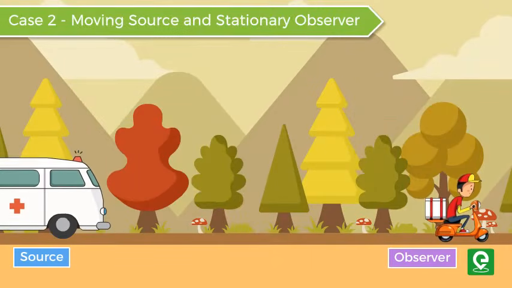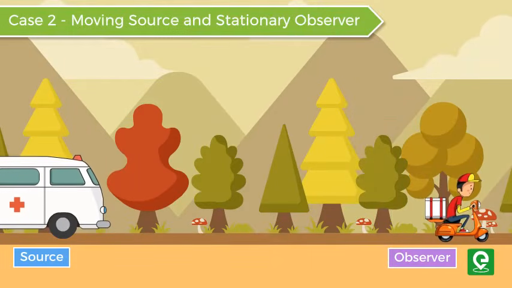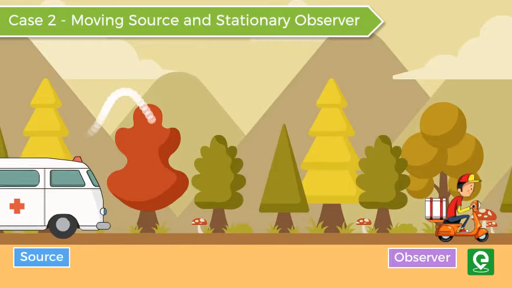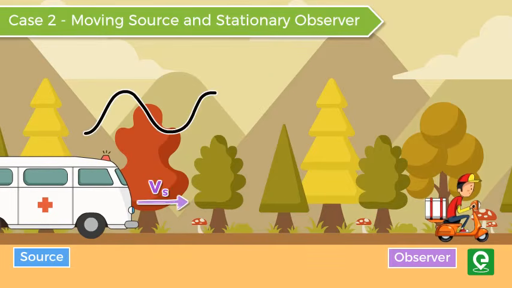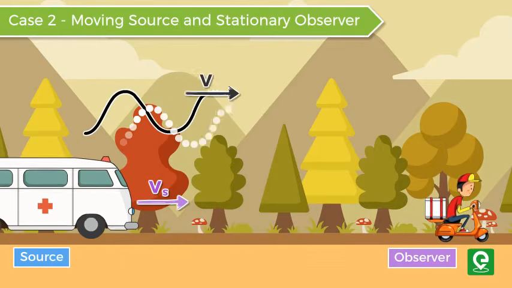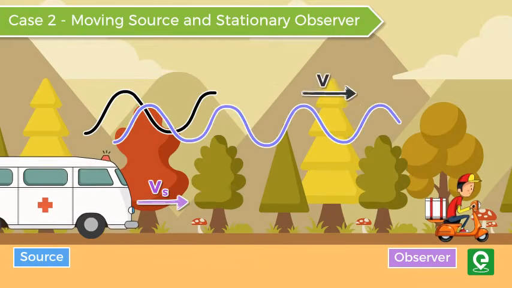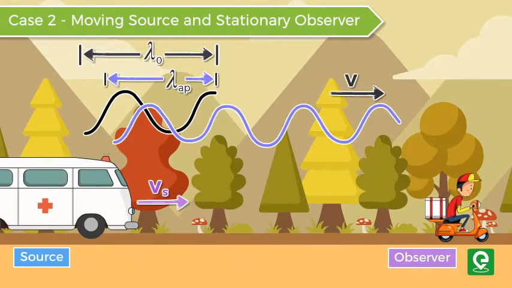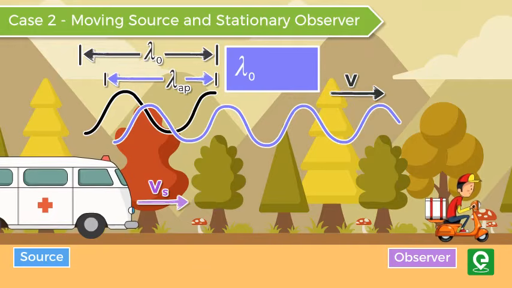Case 2. Moving source and stationary observer. When a source moving with velocity vs produces a sound wave of frequency f and the waves travel towards an observer with velocity v, then it has the wavelength lambda naught equal to v divided by f.